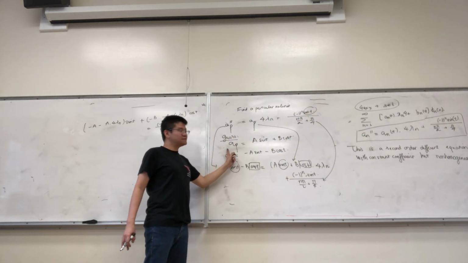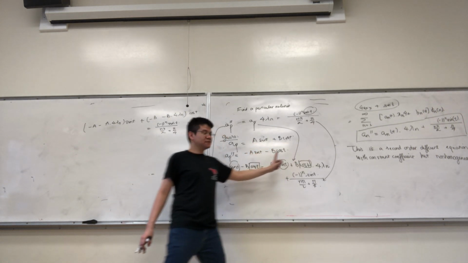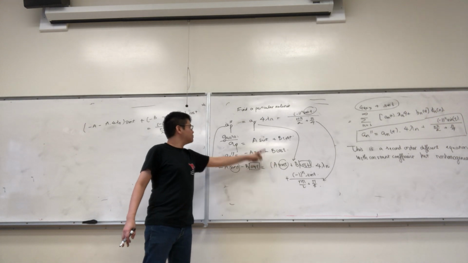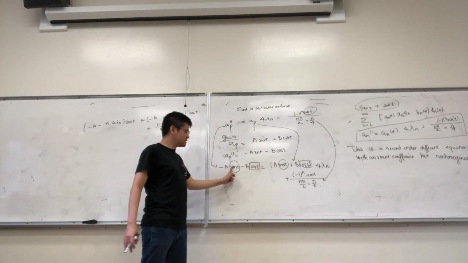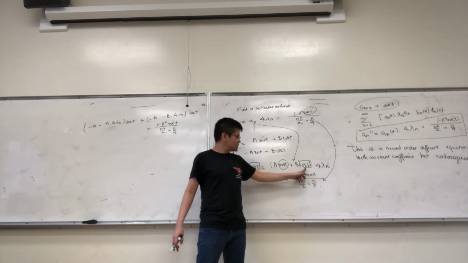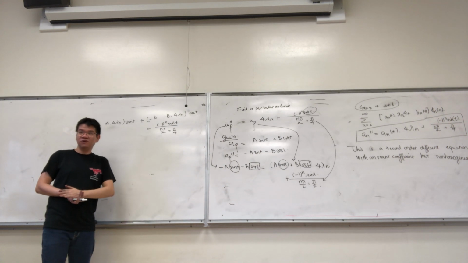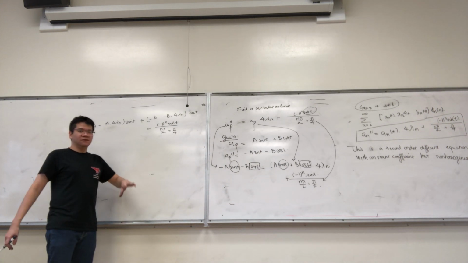You guess that the solution has the form A sine t plus B cosine t. You take the second derivative and plug it back into the equation. You have minus A sine t minus B cosine t. This guy is A sine t plus B cosine t times 4 lambda n. So if you don't remember this piece of knowledge, I recommend you review it.